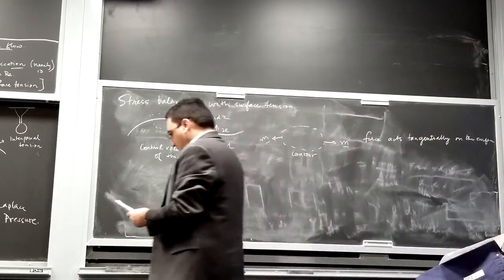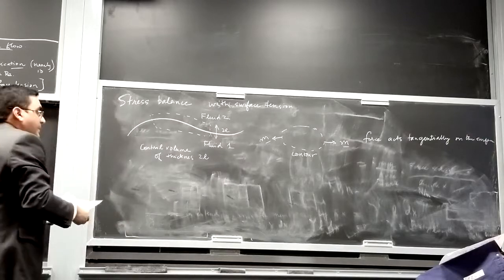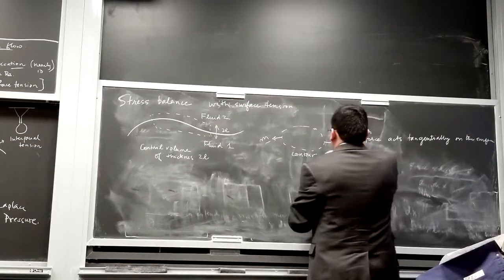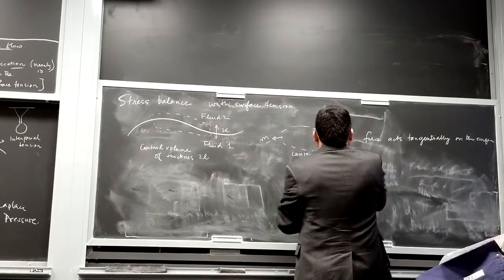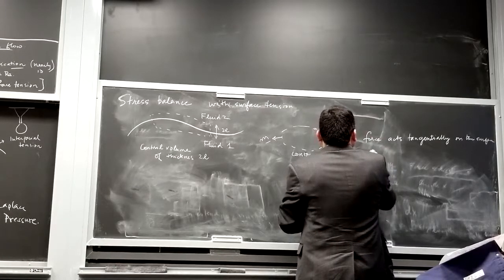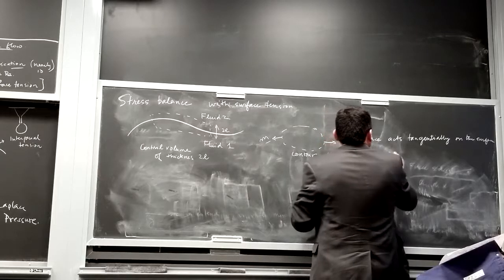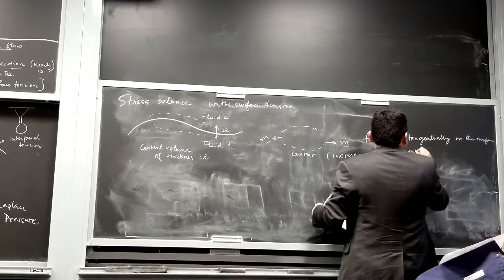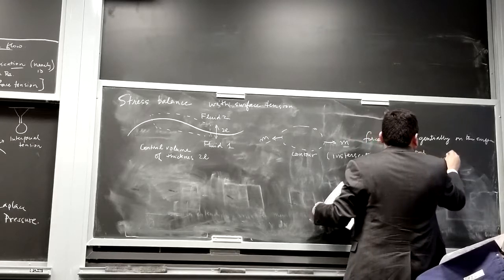So there's an extra force arising tangentially on a surface, and this contour is where you have the intersection of the control volume with the interface.